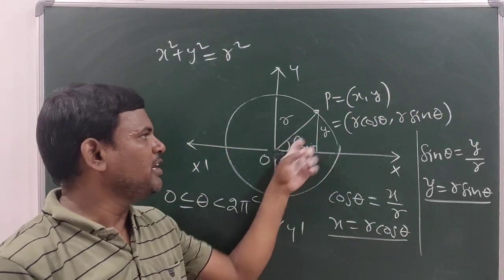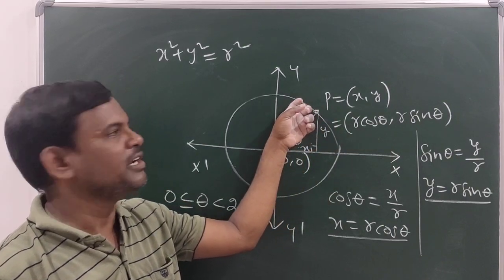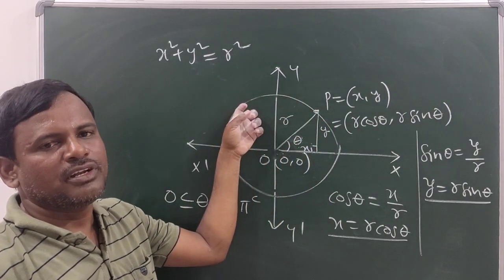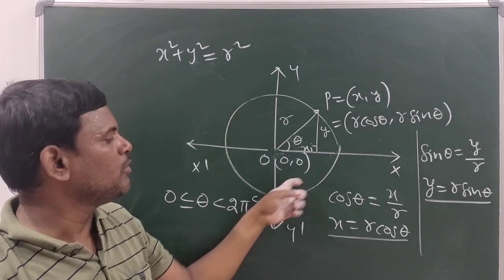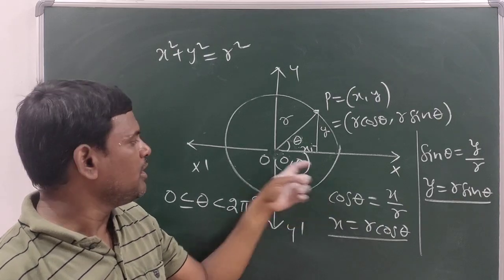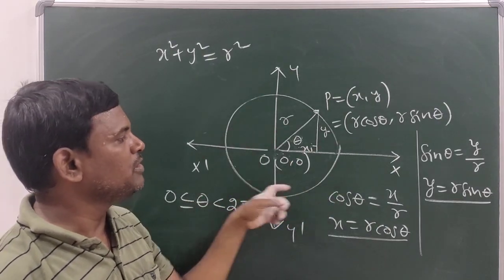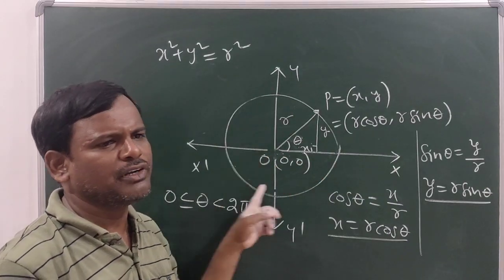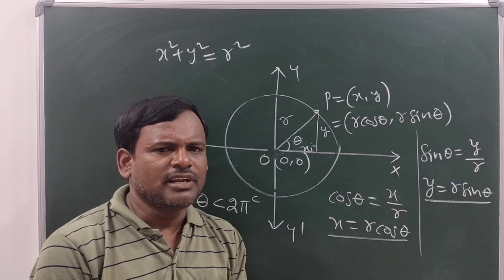If you write theta equal to 30 degrees, you will get one point, theta equal to 60, you will get one point, theta equal to 135, you will get one point, theta equal to 225, 270 here, 315. If you keep on changing theta, you will get different points which are located on the circumference of that circle.